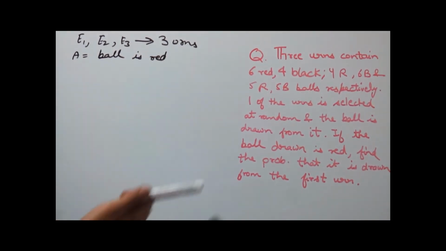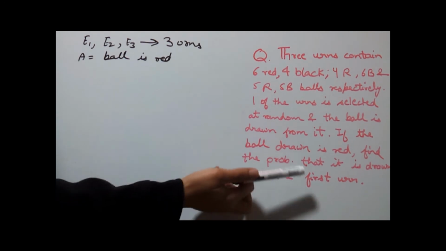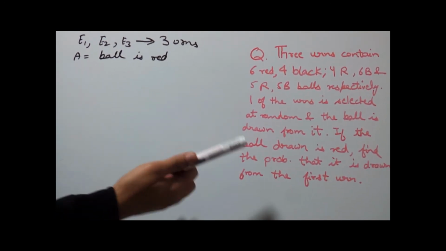And what we need to find out is that if the ball drawn is red, then the probability that it is drawn from the first urn.